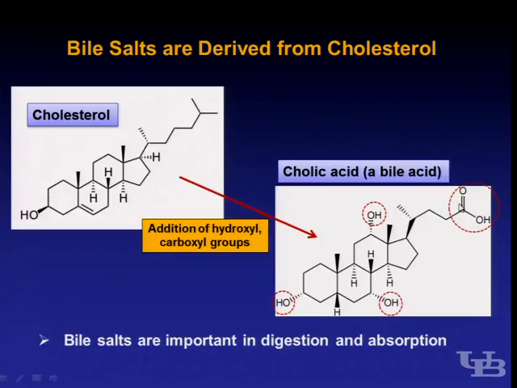So the carboxylate is here, and when you look at these hydroxyls, they're all being put on the same side of the ring structure. So in this case, they're all being put down. So now what have you done in terms of making that more polar or less polar? You've made it more polar, and the polar groups that you've added are primarily on one side of the ring structure.